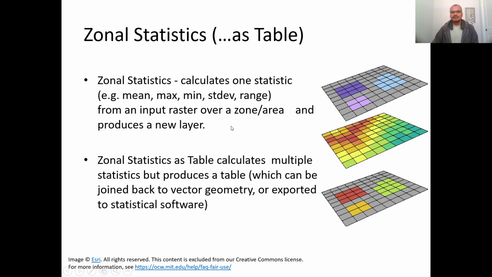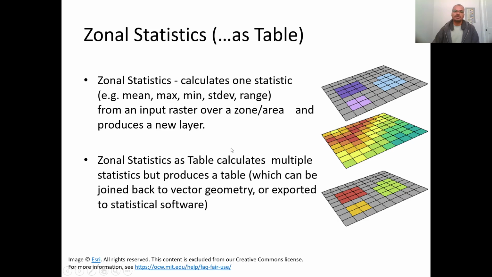This zonal statistics calculates statistics from the raster layer, where you can extract the absolute values, or even calculate the mean, maximum, minimum, standard deviation, range, coefficient of variation, and so on from different input raster layers over a zone or over a particular pixel.